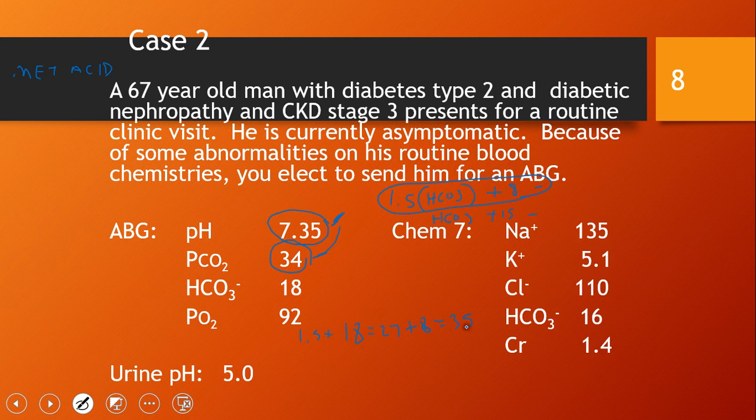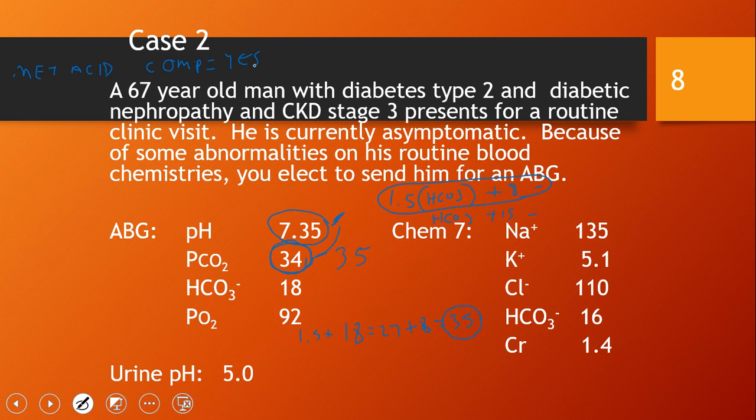So 35 is the number that we're getting here. Then we compare that to his PCO2, which is 34. I think 35 is awfully close to 34, so I would say that it is adequate compensation. So compensation, yes.